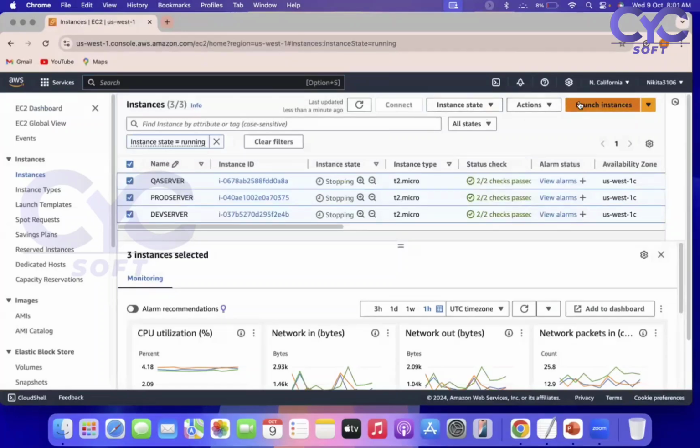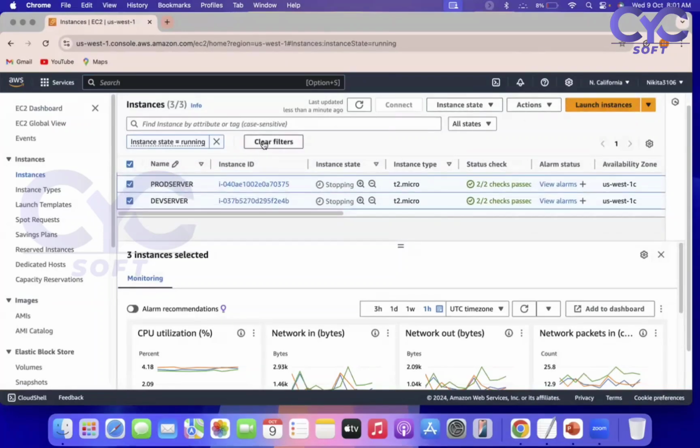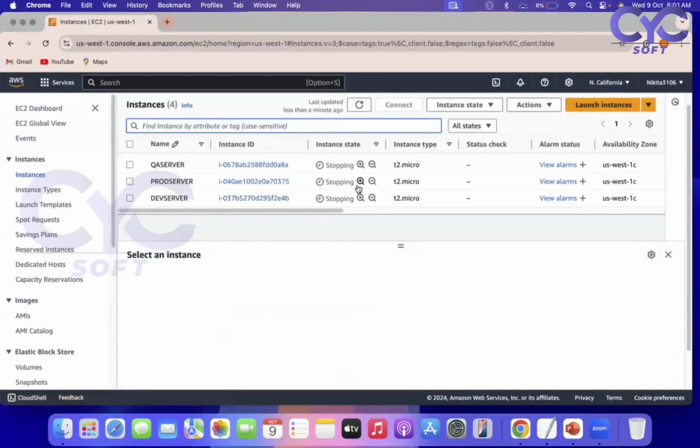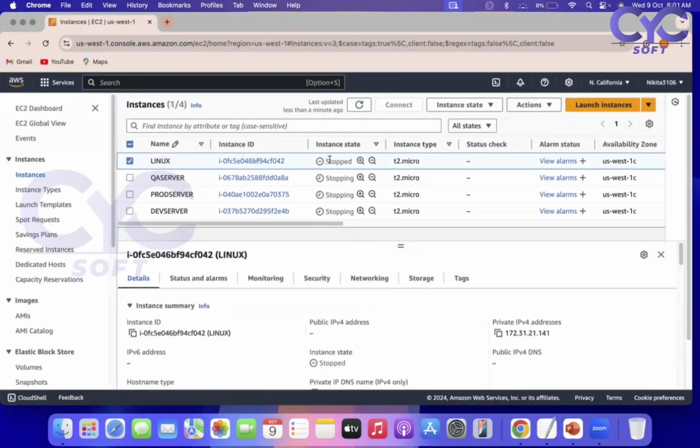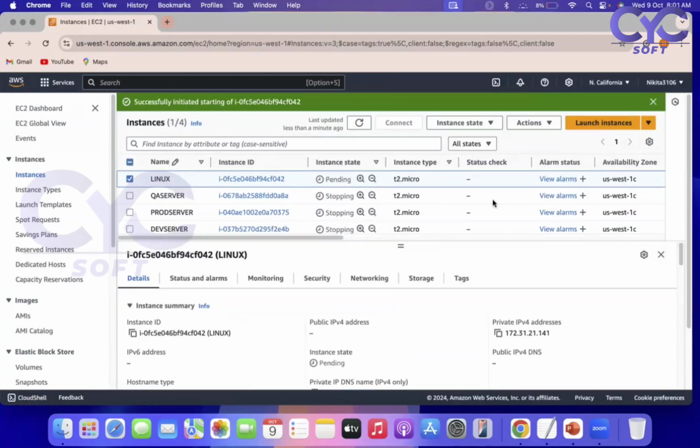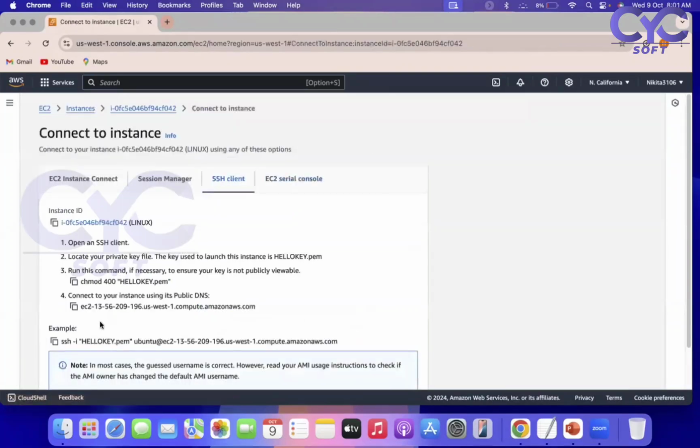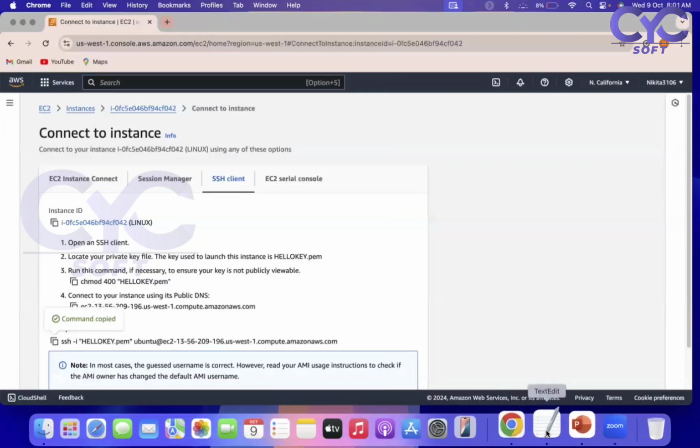First I want to launch an instance. I already have an instance, so I just want to start it, because yesterday we already discussed the instance. This is the state of action, guys. Now let's launch the connection to the server.